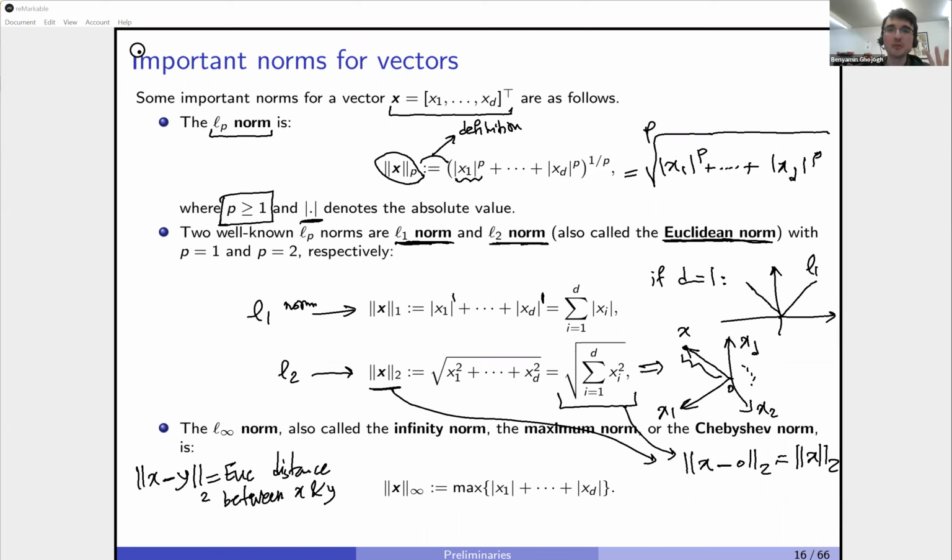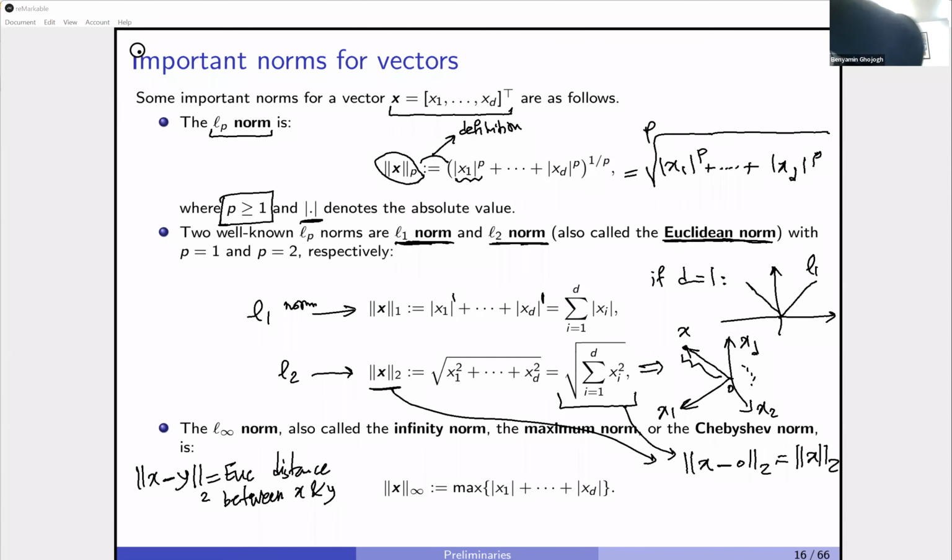So you can use the L2 norm in order to measure Euclidean distances. And why do we call it Euclidean distance? Because Euclid in Greece was the first person who thought that, okay, if we have 2 points on the ground, and we want to find the length of the shortest path between these 2 points, it is if we draw a line between these 2 points and we measure the length.